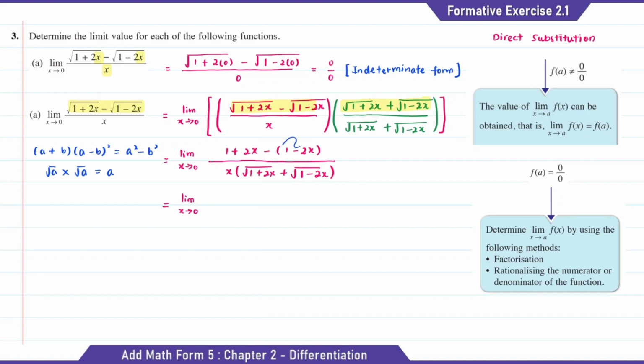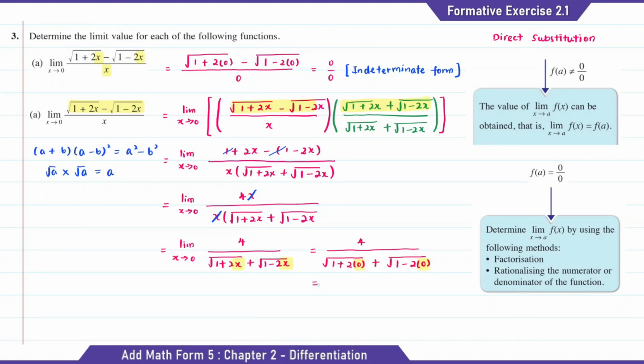So for the numerator, 1 minus 1 here will be cancelled. As 2x plus 2x, we're going to get 4x. So next, we can cancel for the x here. So now I can substitute the x here with 0. So this is equal to 4 over 2. Then the answer will be 2.